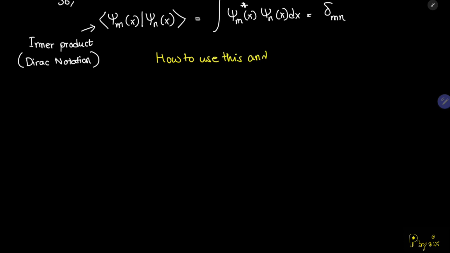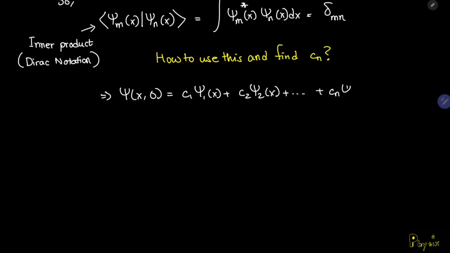But how do we actually do that? Well, recall that psi of x comma 0 is basically a linear combination of all the stationary states that are possible. Now, let's assume that the stationary states that are possible for our particle extend up to some integer k.